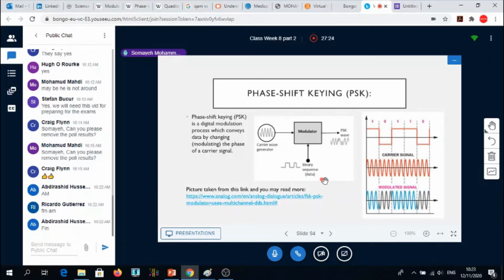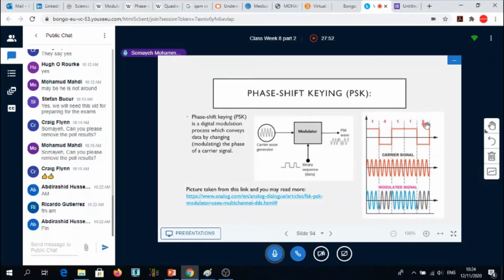Now the modulation is going to generate this PSK wave. And the reason we call it PSK is because the phase of the carrier signal is being changed according to our message or data signal. On the right side, I have one signal that is 10110.